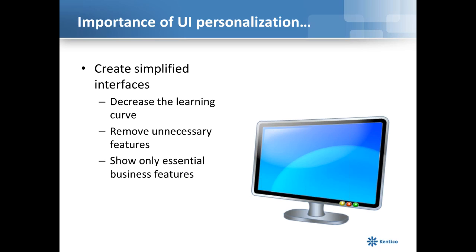If we take a step back and look at why we actually want to do UI personalization, what is really the point of it? I think it's important to understand that everyone here hopefully has used Kentico, and it's a really rich system. It's got lots of features, lots of functionality, lots of things that you can do. The problem is that it can be a bit overwhelming.